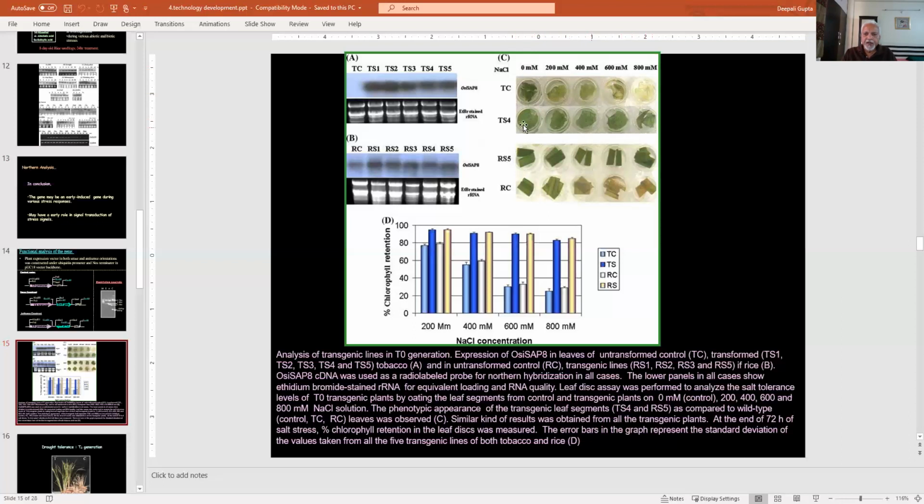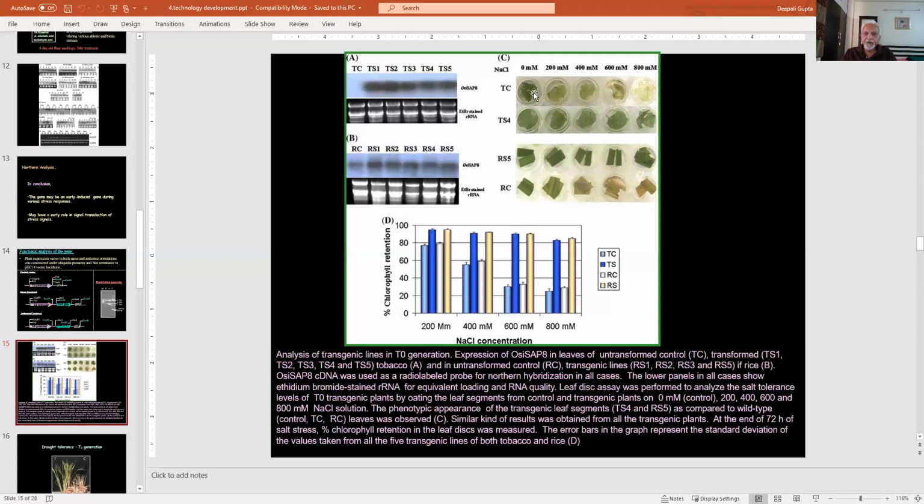And you can see this is the leaf bits from control. As the salt concentration increases, the cells lose chlorophyll. You can see visually, and at 800 millimole, the cell loses chlorophyll completely.